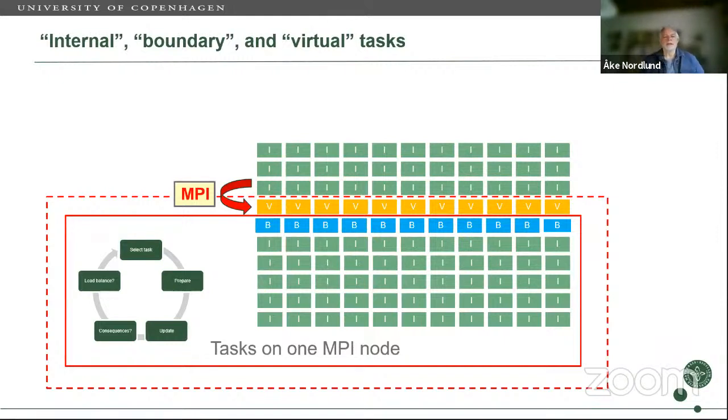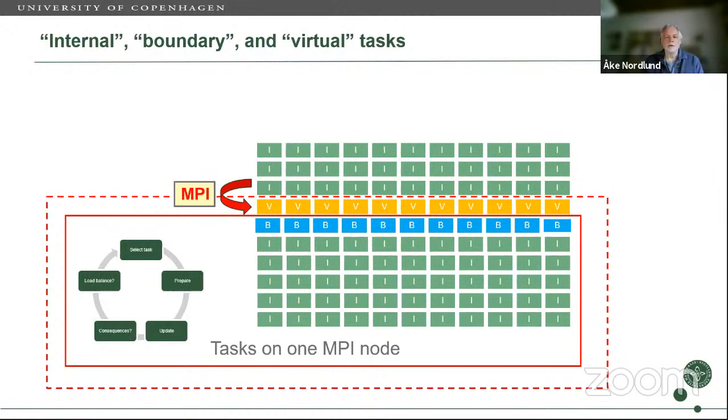The way this works is that on an MPI node, on an MPI rank, you have a number of tasks. Here they're labeled I, B, and V for internal, boundary, and virtual. The internal tasks don't have any neighbor that's on a different node, on a different rank. The blue boundary tasks need information from a different rank, but they don't get that information as a detailed piece of boundary cells.